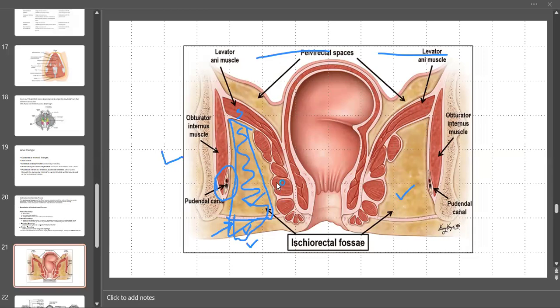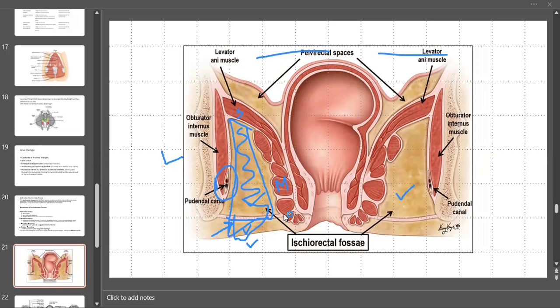And what is on the medial side? Yes, what is on the medial side? We're done with the perineal muscles. Dr. Sana, we have left the perineal muscles in the urogenital triangle.